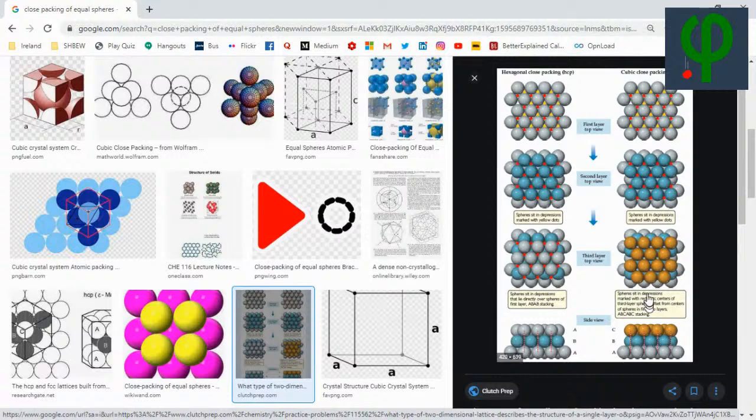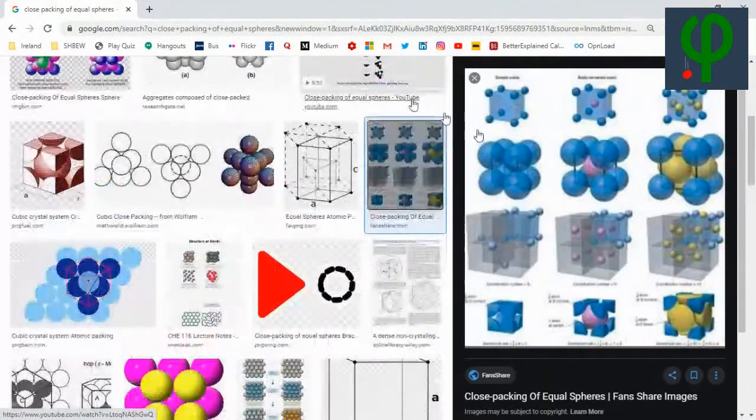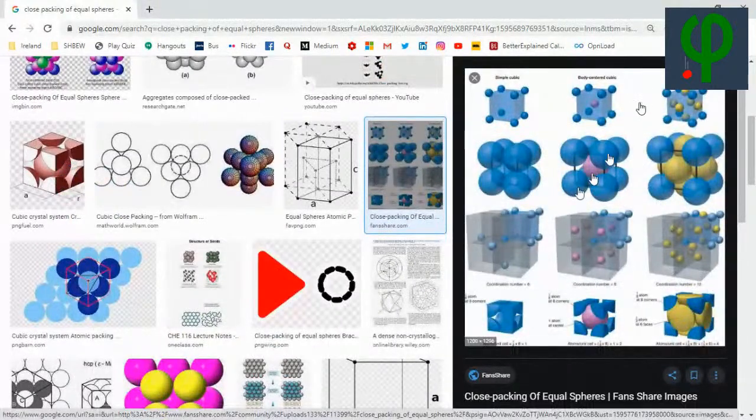So see, this layer, because it starts above, is a triangle down instead of a triangle up. It's not the same as this third layer. See, this goes ABA, this goes ABC. And so because of that, there are relationships between the distances between them.